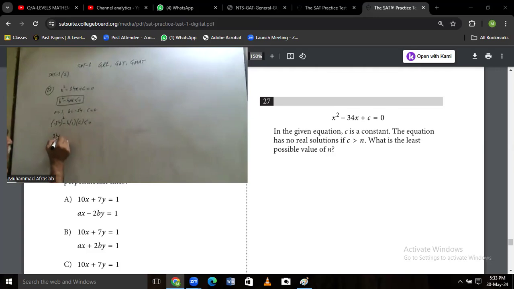Or 34 into 34 is less than 4c, or 4c is greater than 34 into 34, or c is greater than 34 into 34 over 4.